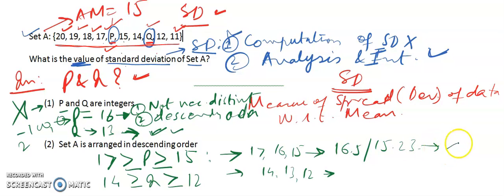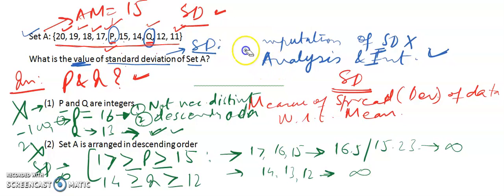So again, infinite possibilities. As with statement 1, so it is with statement 2, as infinite possibilities are there. So statement 2 is also insufficient. So we are left with combining both the statements. So let's combine both the statements.